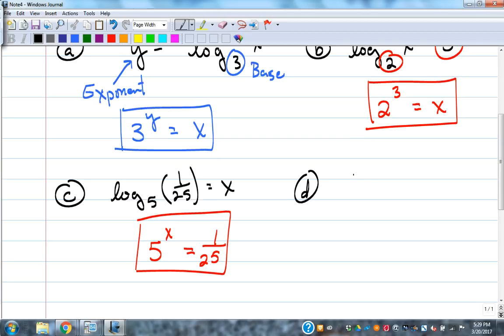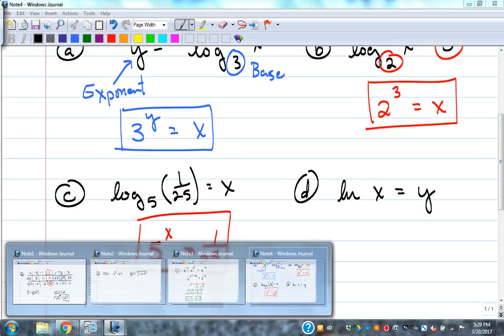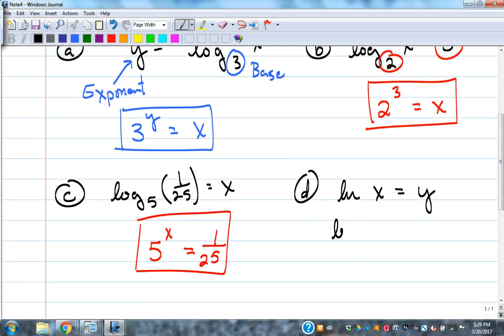Another. Throw this in there. Natural log, ln, is what that is. Your graphing calculator has an ln button. It's the natural log. What it really means is log with the base of e instead of a number, like 2. They're never going to write it with the log base e.